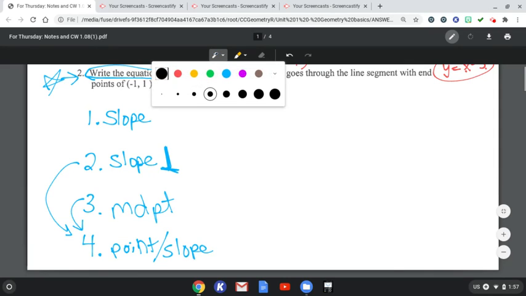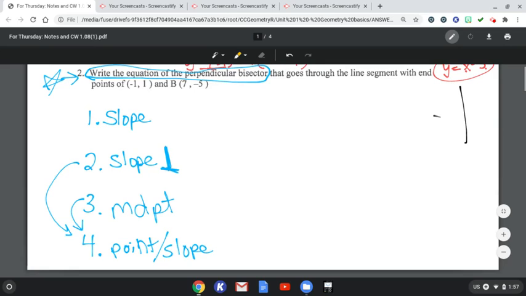So I'm going to start with a sketch of this segment. This question reads, write the equation of a perpendicular bisector that goes through the line segment with endpoints -1, 1 and 7, -5. If I think about those two endpoints, they make a segment that has a negative slope.